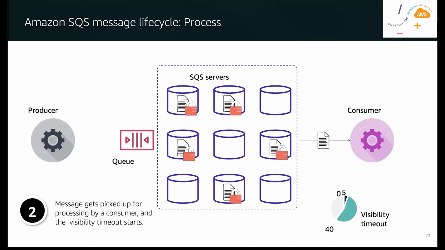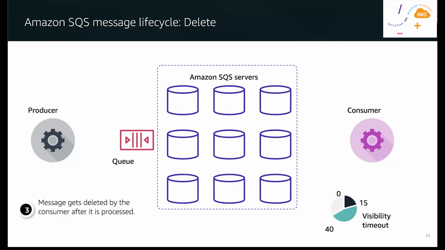So after we set that visibility timeout and it starts, the message will be removed from the queue once the visibility time is out. In the third step, the message gets deleted by the consumer after it is processed, and in this case, a new message will be processed by the consumer.